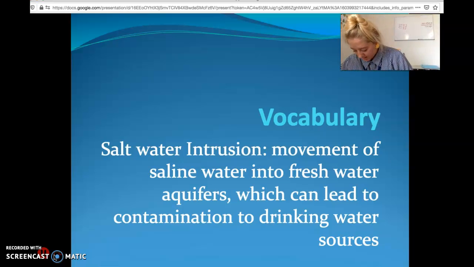Now, this is happening along the coast, but it's specifically happening along areas that are very heavily populated along the coast. So, not a good thing that's happening, but it is happening, just so you know. It's one way that water can be contaminated.